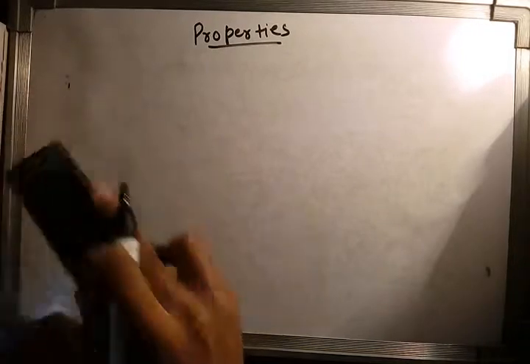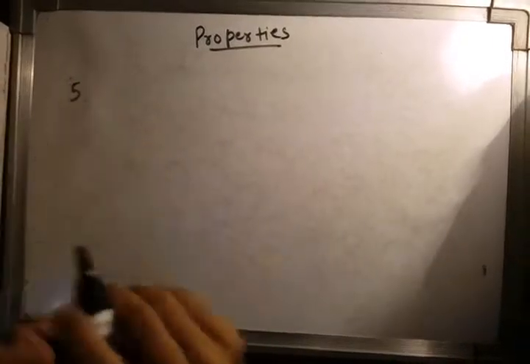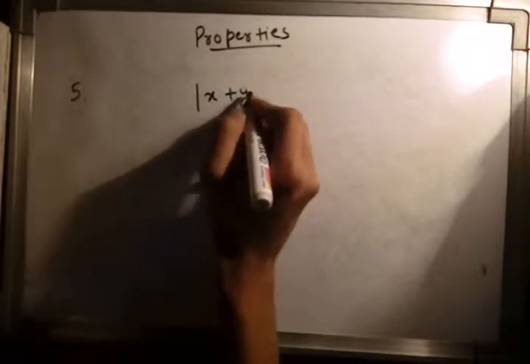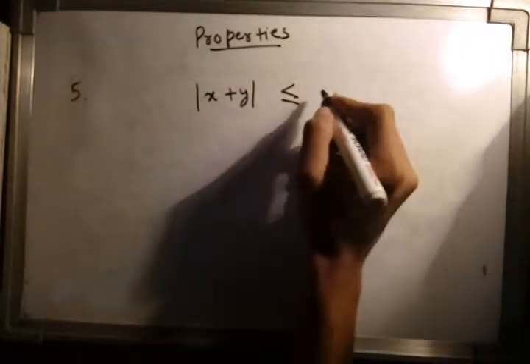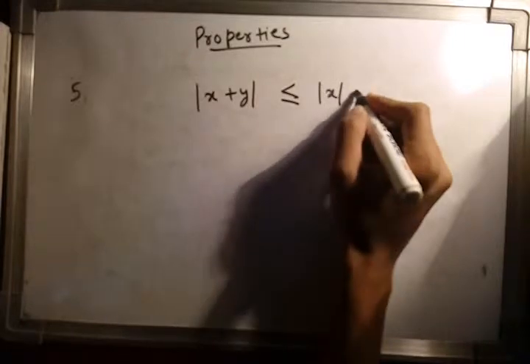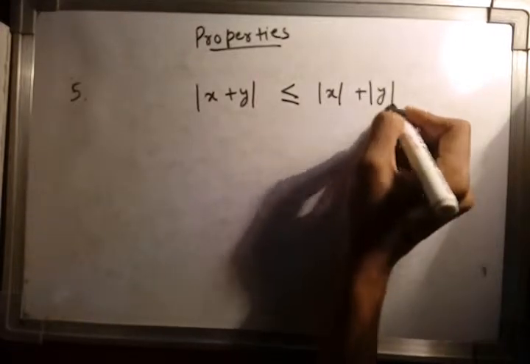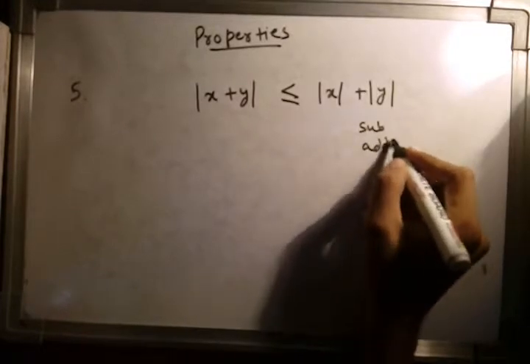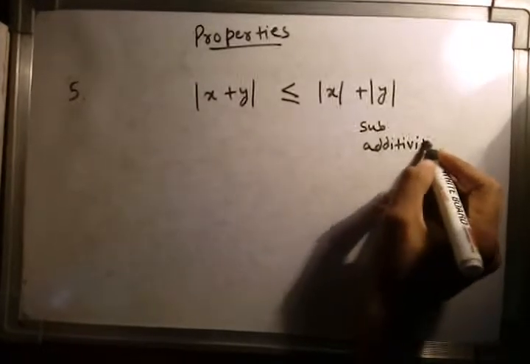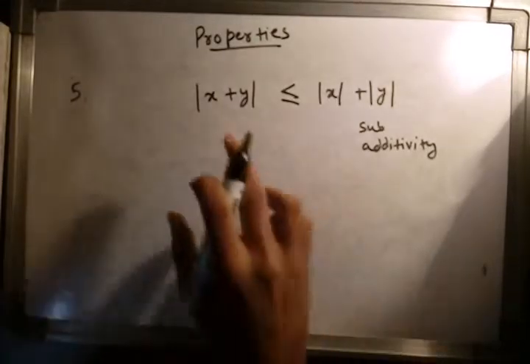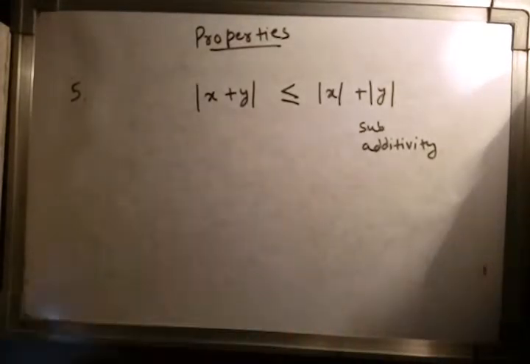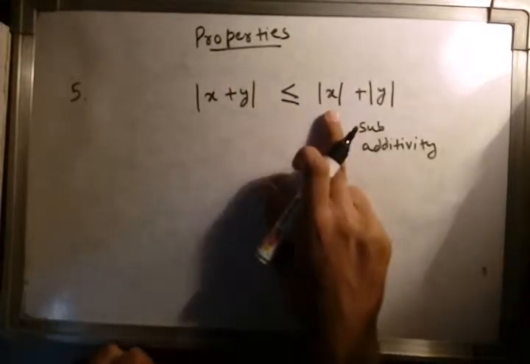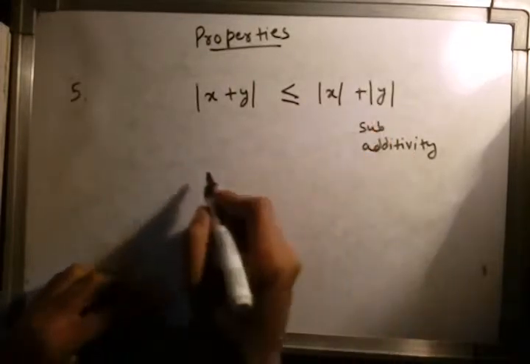Now we move on to the fifth property. Mod of x plus y is always less than or equal to mod of x plus mod of y. This is called subadditivity. It means the modulus of the sum of two numbers is always less than or at max equal to the modulus of the first number plus the modulus of the second number.